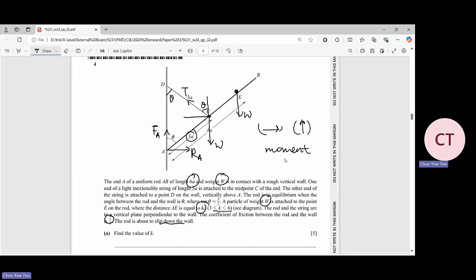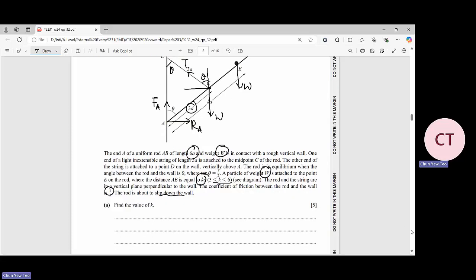When we want to find the moment, usually we find the moment about A, because A itself has the frictional force and the normal contact force, so it will be easier for us to handle. We can start with either one first.